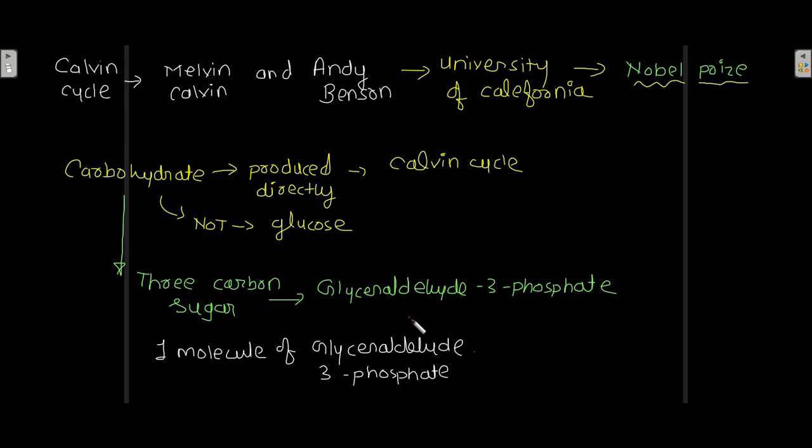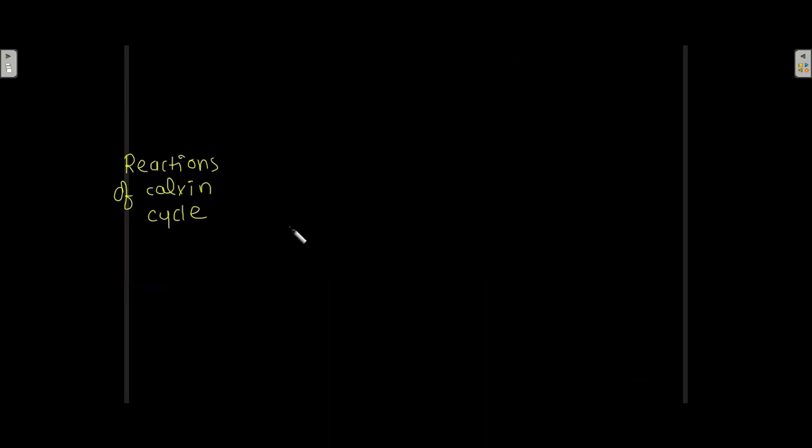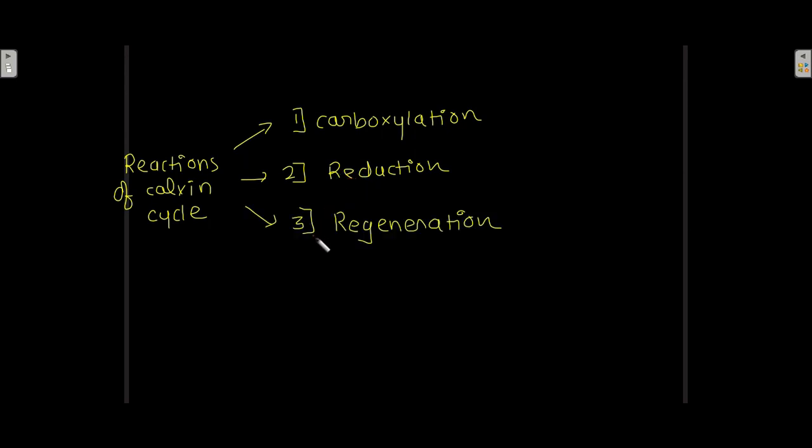Now for producing one molecule of glyceraldehyde 3-phosphate, we need to reduce 3 carbon dioxide molecules. The reactions of the Calvin cycle can be divided into 3 phases. The first phase is carboxylation, second phase is reduction, and the third phase is regeneration. So these are the 3 phases of the Calvin cycle.